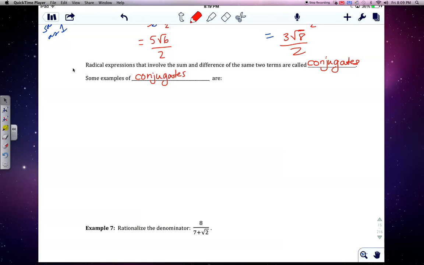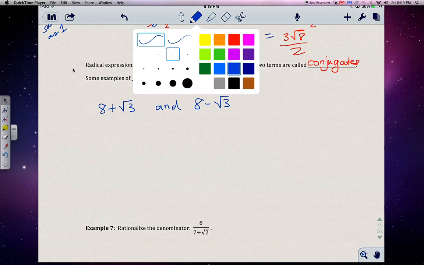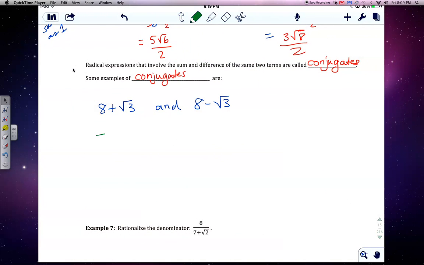If I have a sum and difference right there, and they have the same two terms, 8 and the square root of 3, they're conjugates. Another example of conjugates would be 7 minus the square root of 5 and 7 plus the square root of 5. Sum and difference, and they have the same terms right here.